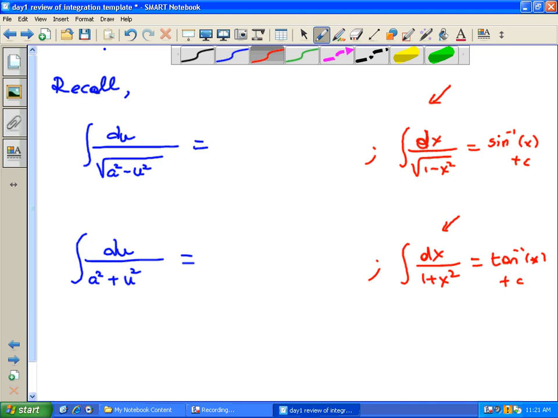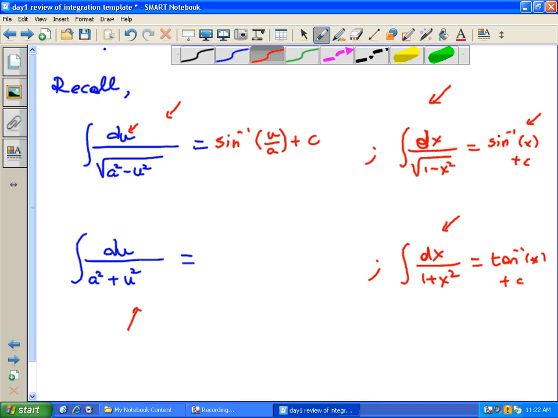Now, how would we do this one? Instead of 1, if you have a constant a, the formula changes a little bit. This one becomes sine inverse of u over a. Notice that u is your variable because u is on the top under du. It's very similar to the earlier one, except instead of x you have u, and instead of 1 you have an a. The bottom one is also similar.